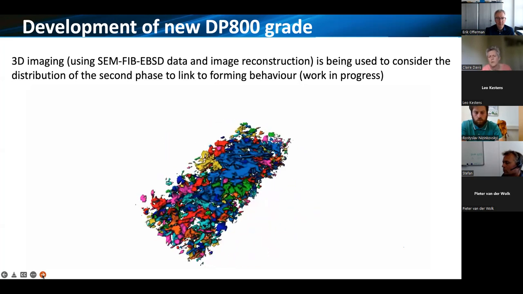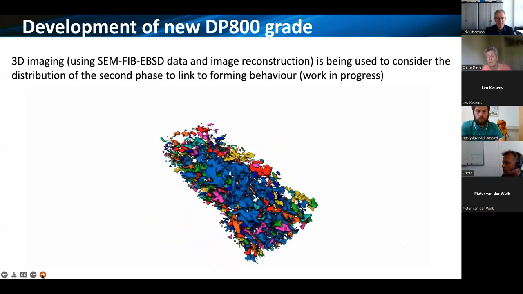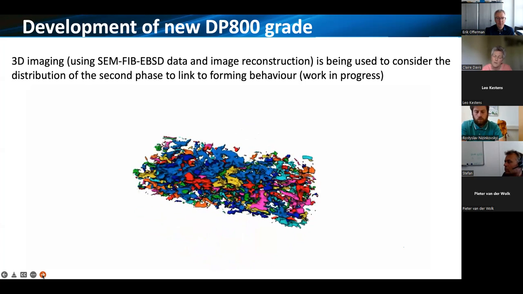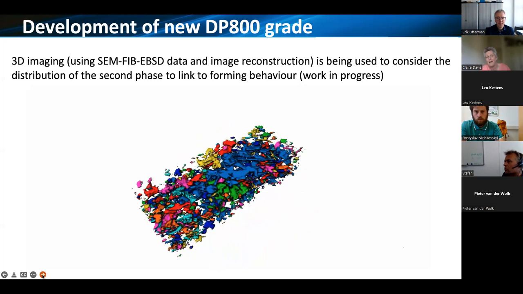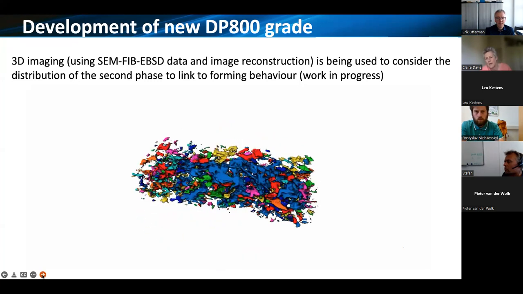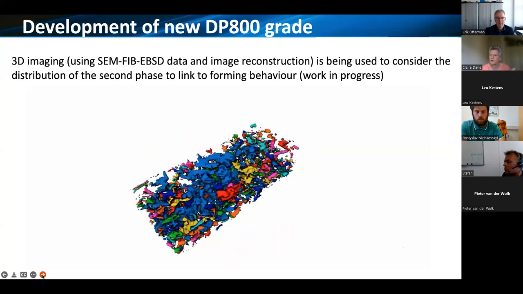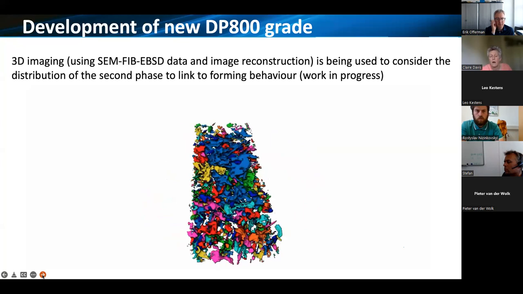But what we want to do next is start to develop our 3-dimensional mapping. So here's an example of using focused ion beam FIB lift sectioning in the SEM and then the EBSD data. This is a volume of about 50 microns by 20 microns by 15 microns at the moment.